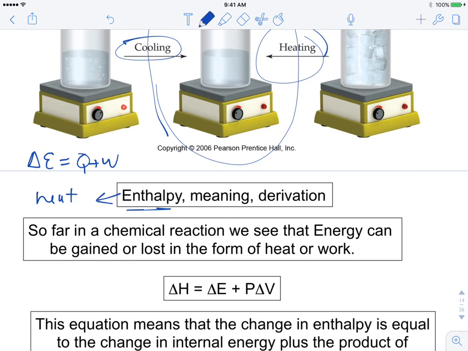But in reality, if I were to solve for heat, remember, change in energy equals Q plus W. If I substitute in here delta H for Q, and I solve for it, I get this equation over here. So the change in heat, which is enthalpy, is actually equal to the change in energy plus the work that's done.